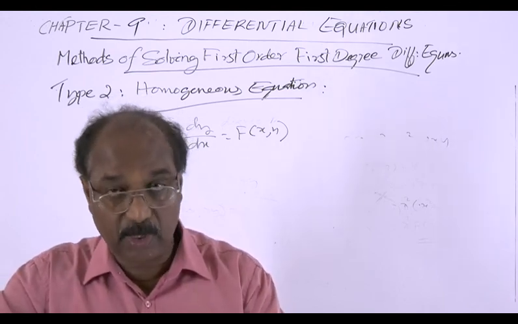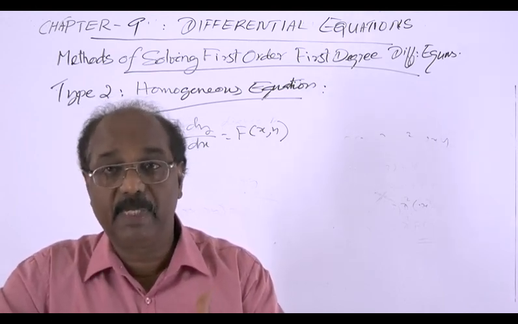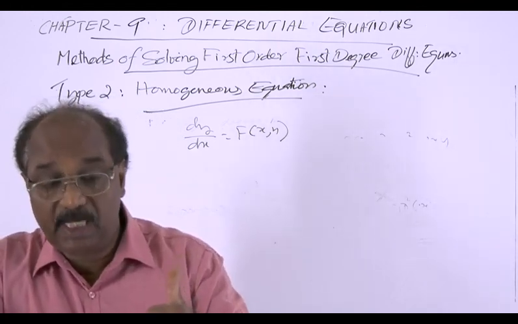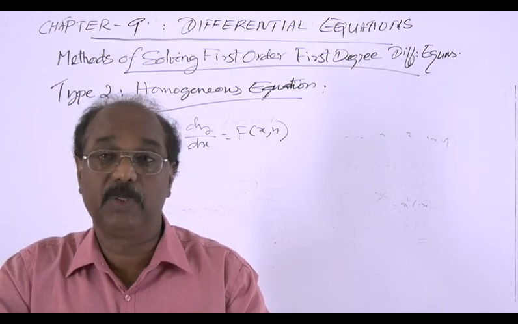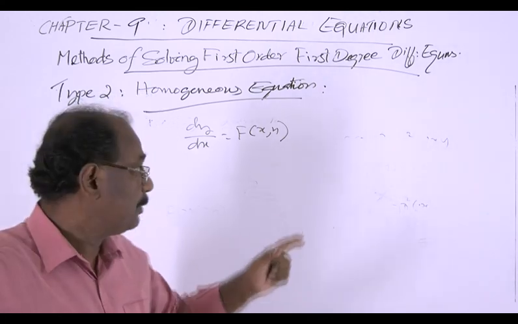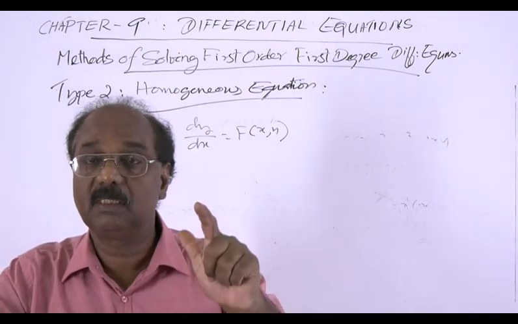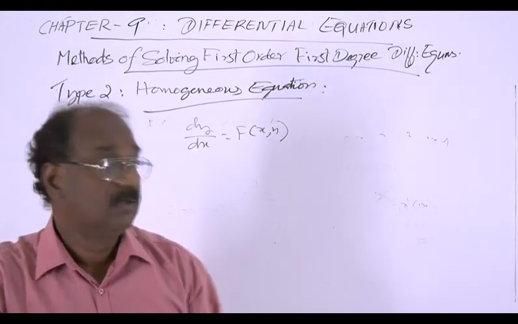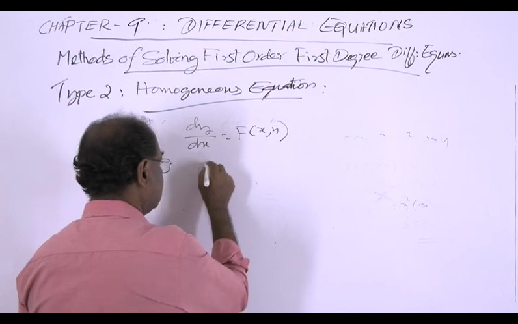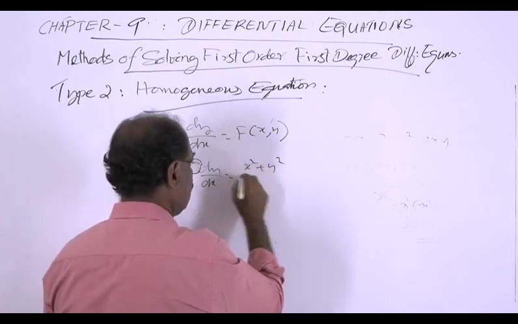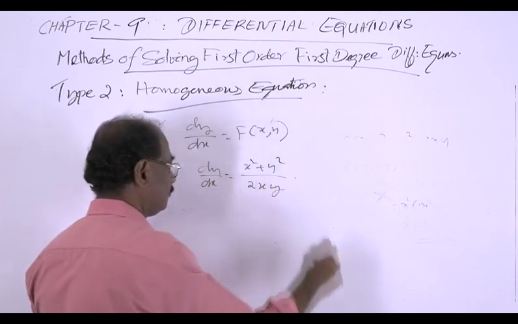The differential equation of the form dy by dx equal to F(x, y) is a homogeneous differential equation if F(x, y) is a homogeneous function of degree 0. For example, consider dy by dx is equal to (x squared plus y squared) by 2xy.